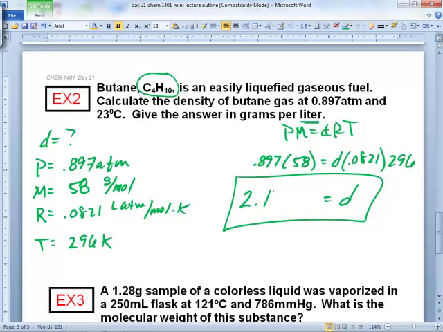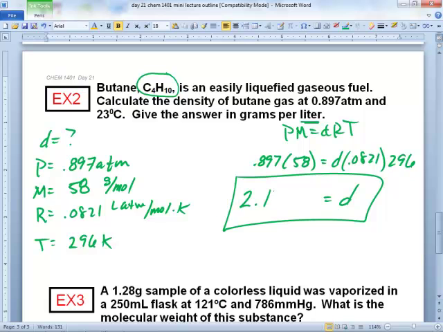If you do the math right, you should get around 2.14.